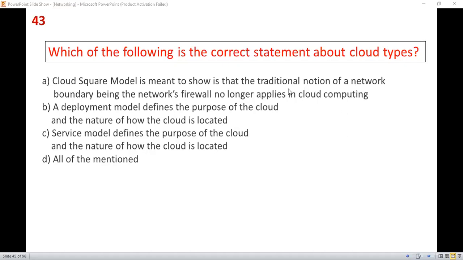So this option will be wrong. And the third option, a service model defines the purpose of the cloud, is not correct; it is a deployment model that defines the purpose of the cloud and the nature of how the cloud will be located. Okay, the answer will be B for this question, a deployment model.